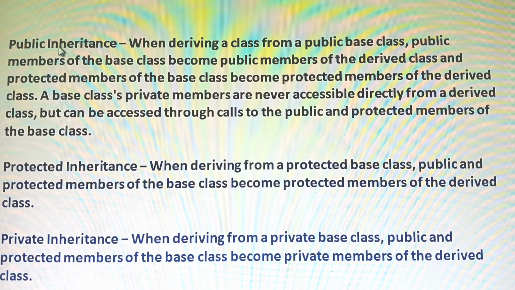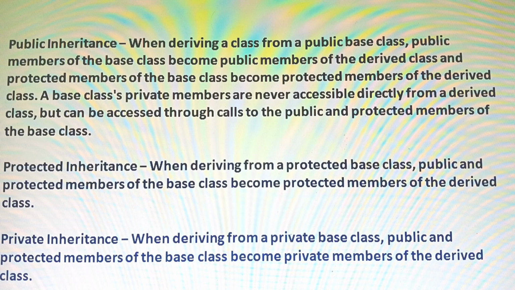See, public inheritance. When deriving a class from a public base class, the public members of the base class become public members of the derived class. Understand what this is?